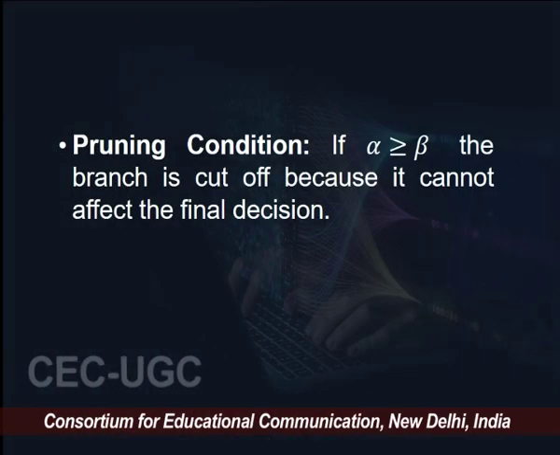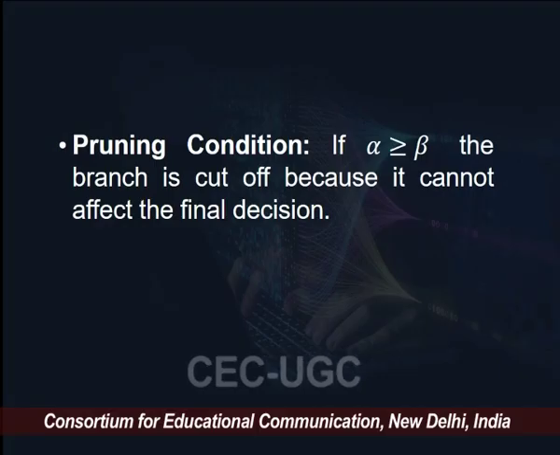So, the initial value of alpha is minus infinity and the initial value of beta is plus infinity. Now, the pruning condition: when alpha is greater than or equal to beta, the branch is cut off because it is not going to affect the final decision.